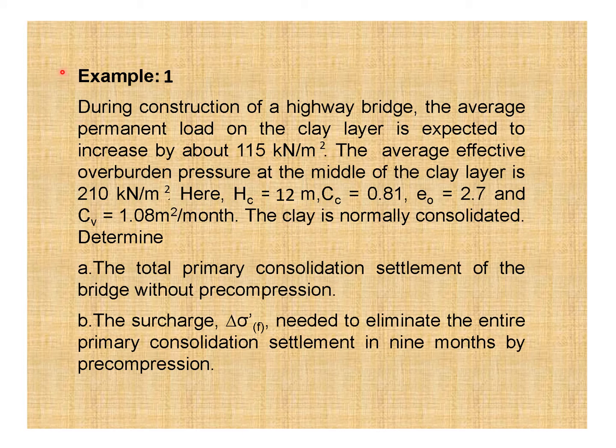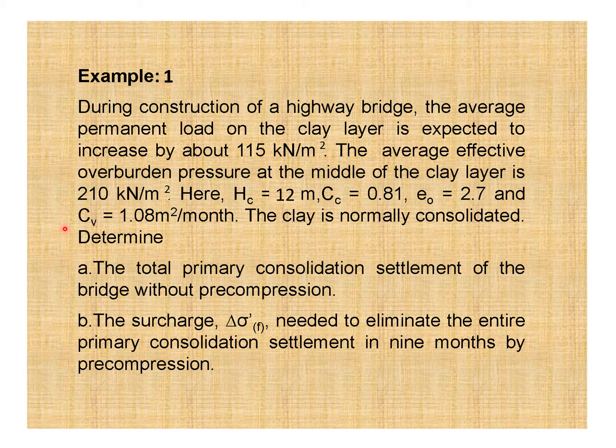Now here you would find one example. During construction of a highway bridge, the average permanent load on the clay layer is expected to increase by about 115 kN per square meter. The average effective overburden pressure at the middle of the clay layer is 210 kN per square meter. H sub C is 12 meter, C sub C is 0.81, e naught is 2.7, and CV is 1.08 meter square per month.